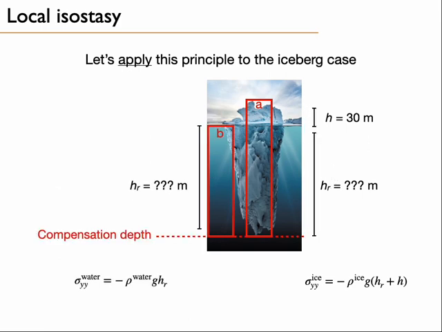The same can be done for an adjacent column of water. So our column B is now here, and we're going to compute the load of column B down to the compensation depth. So we have material of water density times g times HR, which is the root thickness of the iceberg.